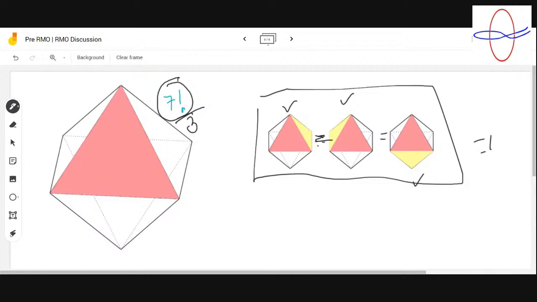Now, why are there 3 factorials? Not 6, it should be 3.